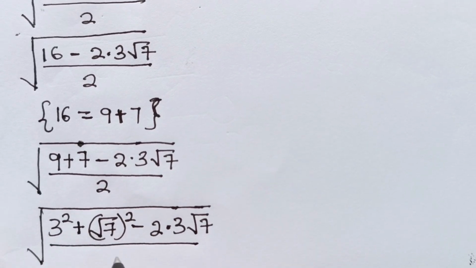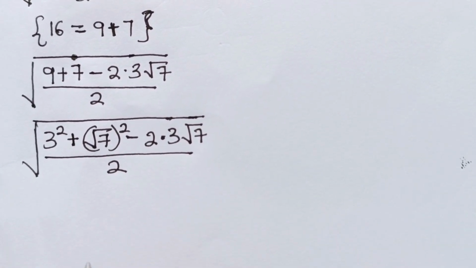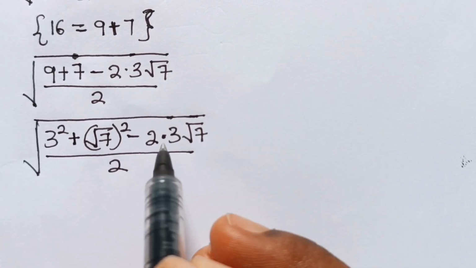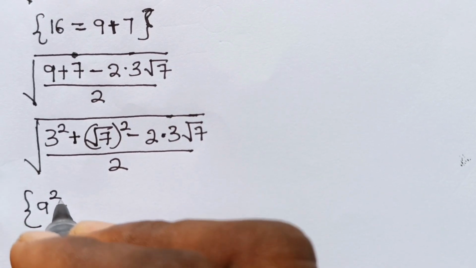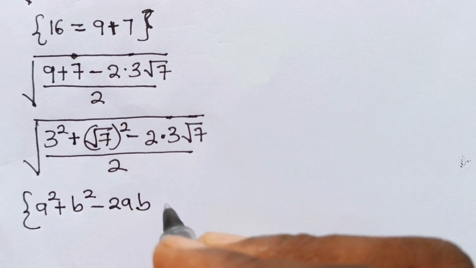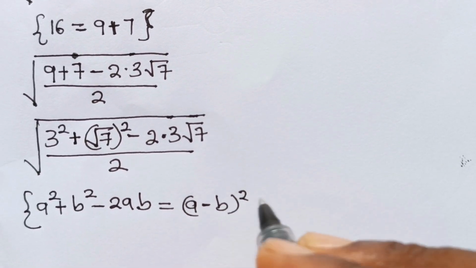Now everything divided by 2. So if we solve further, we can say, let us note that a squared plus b squared minus 2ab is equal to a minus b squared.